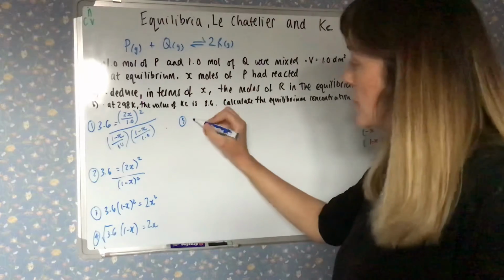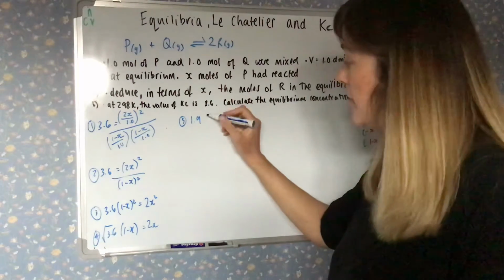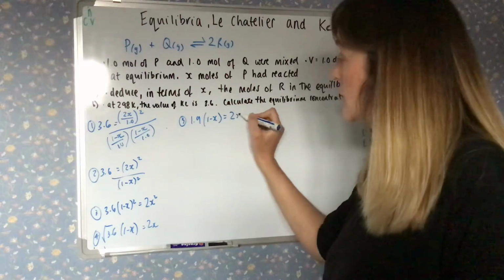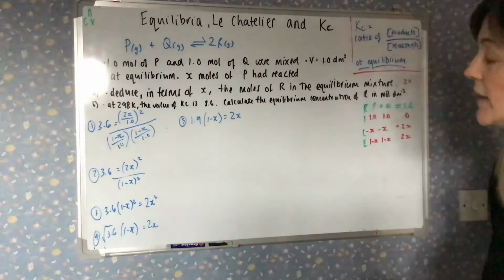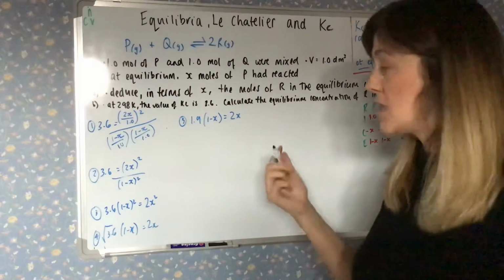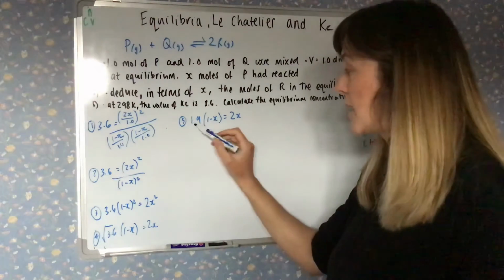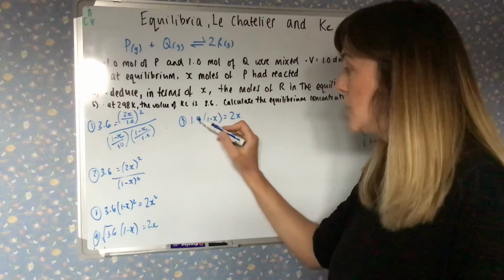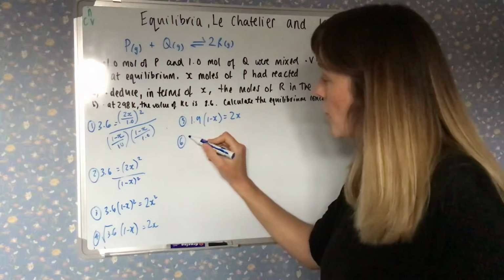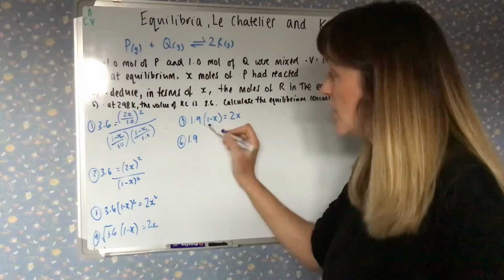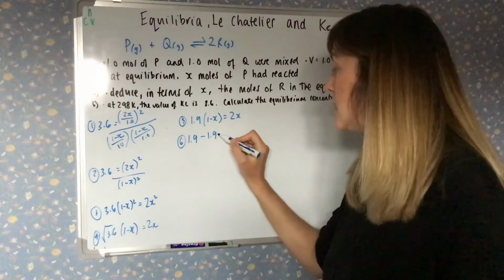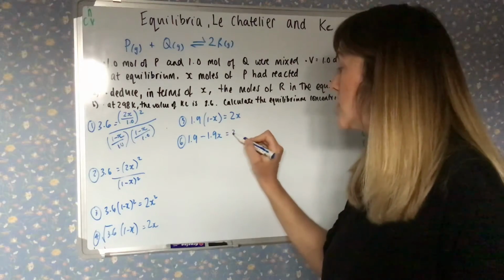So the square root of 3.6 is 1.9, and then 1 minus x is equal to 2x. Okay, and then we want to get rid of these brackets. So we're going to have the same as we did in the last video, just times everything in the brackets by 1.9. So 1.9 times 1, 1.9 times x. So we've got 1.9 times 1 is 1.9 minus 1.9x is equal to 2x.